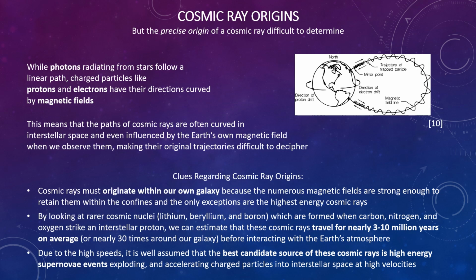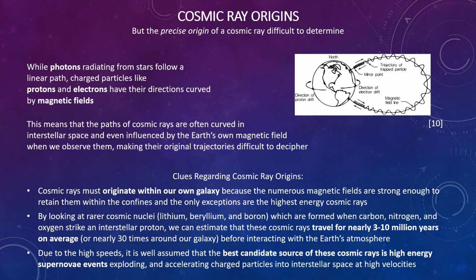The exact origins of cosmic rays are really difficult to determine. While photons radiating from stars follow a linear path, charged particles like protons and electrons can have their direction as they travel through space changed and curved by magnetic fields.